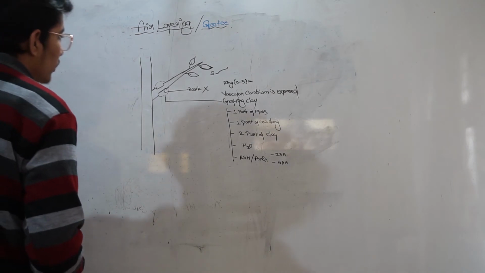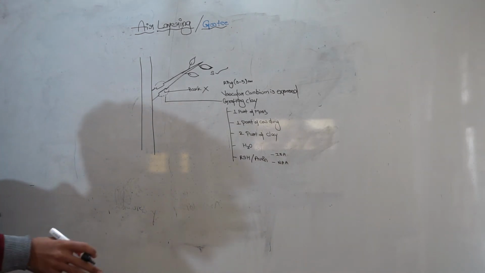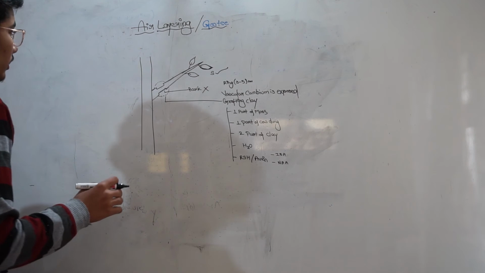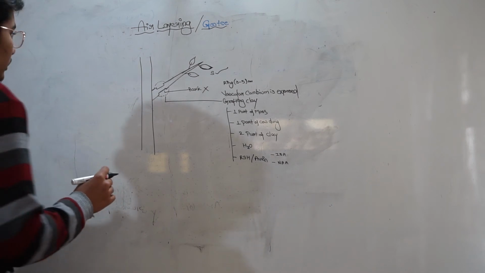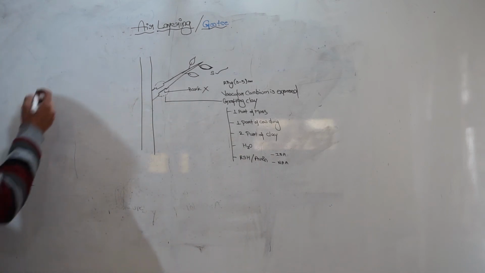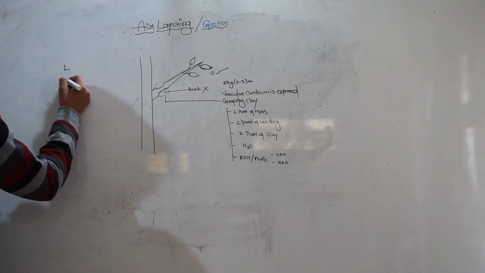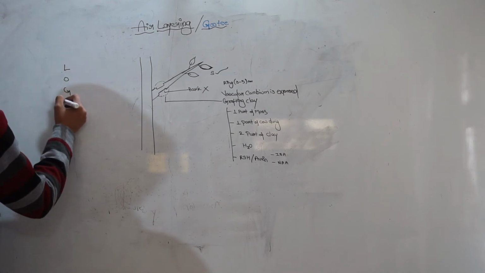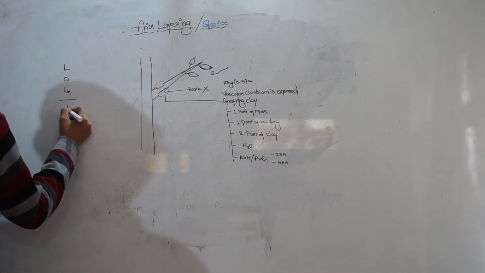Now, for the examples of air layering, you can remember a code word, where I am writing: log on your personal computer.